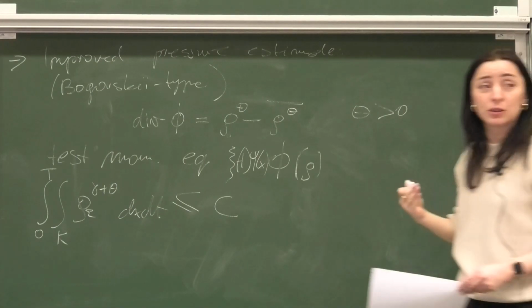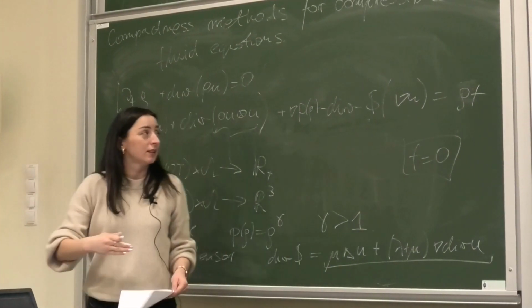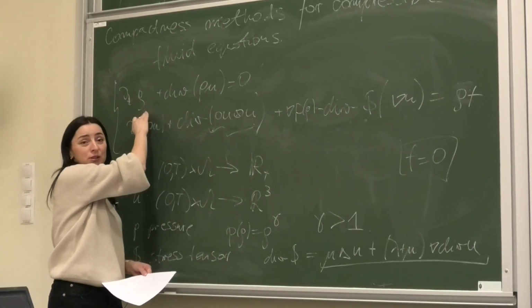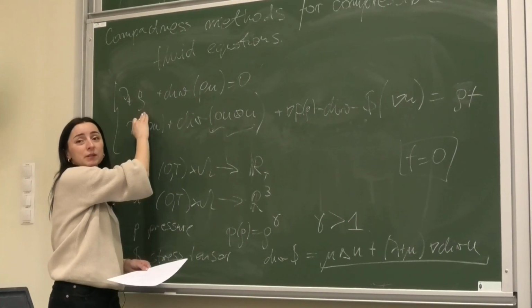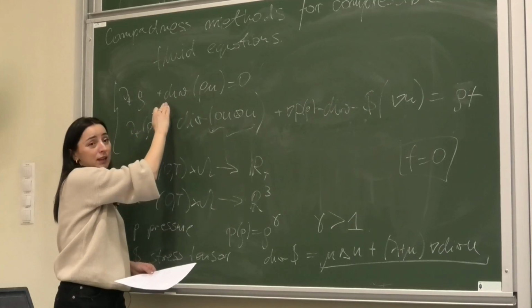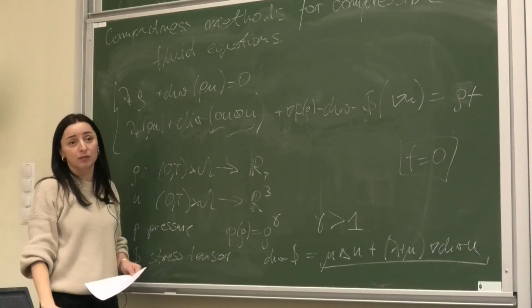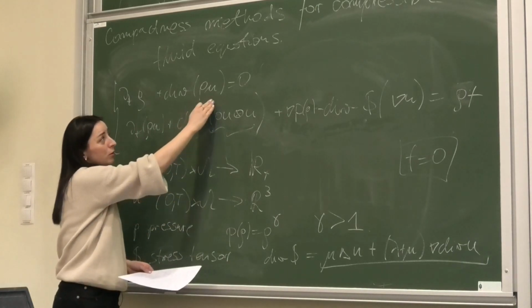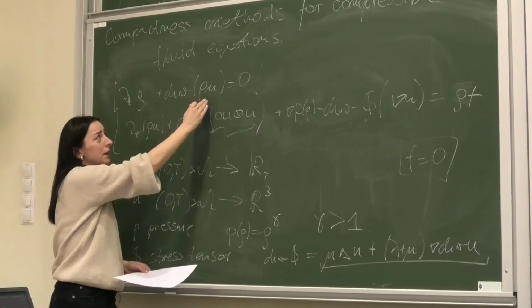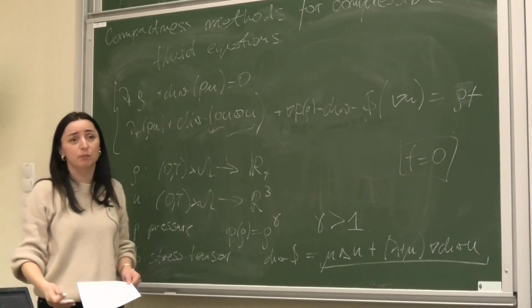But now what I can do is come back to the continuity equation and see that from this equation, I can say something about the time derivative of the density, right? So in particular, the time derivative of the density is bounded in some negative Sobolev space. Rho u will be bounded in some L p, but the divergence of rho u will be bounded in something like W minus 1, some p.